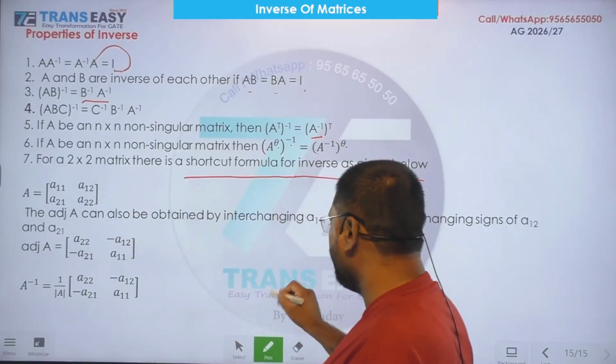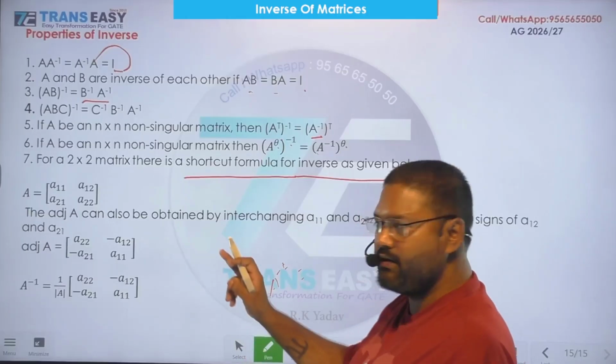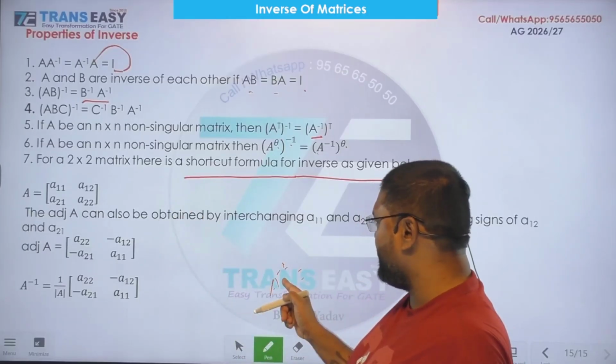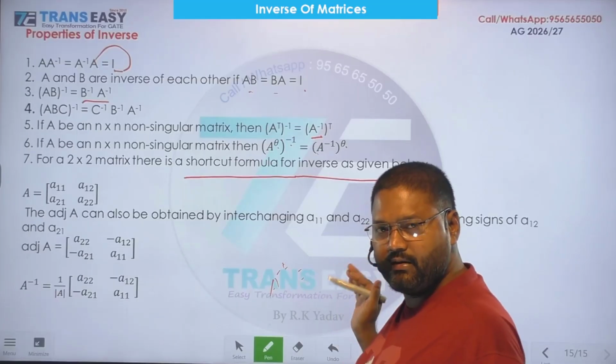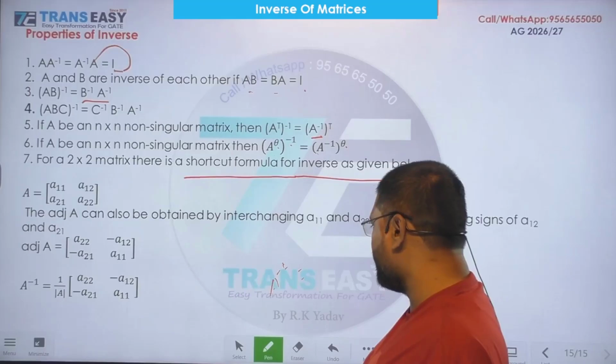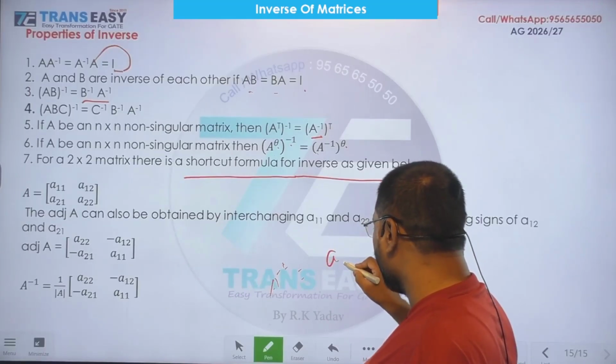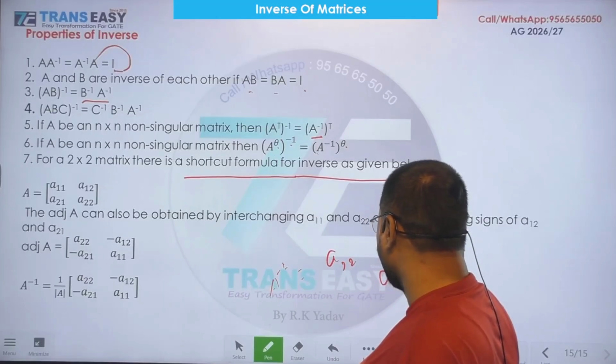So A inverse for 2:2 order square matrix, adjoint of A divided by determinant of A. Adjoint of A for 2:2 order matrix is directly obtained by shortcut technique, replacing principal diagonal elements A22 and A11, changing sign of off diagonal elements, right?